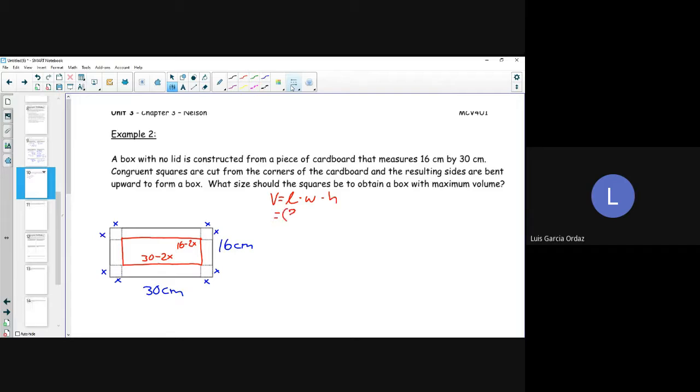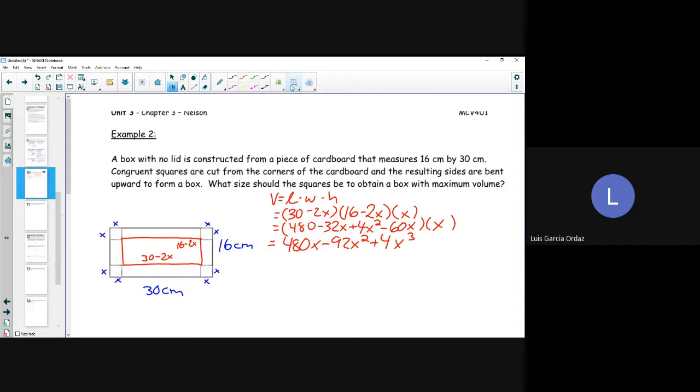So my length is 30 minus 2x, times 16 minus 2x, multiplied by x, because that's going to be my height. So when I expand all of this, I get 480 minus 32x plus 4x squared minus 60x, all multiplied by x. And then I get 480x minus 92x squared plus 4x cubed.